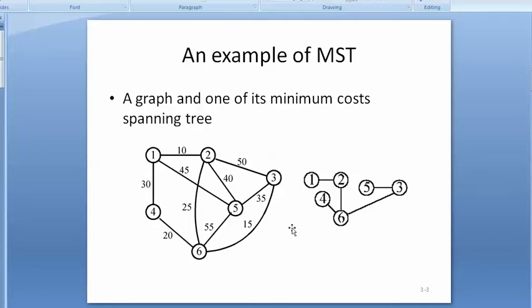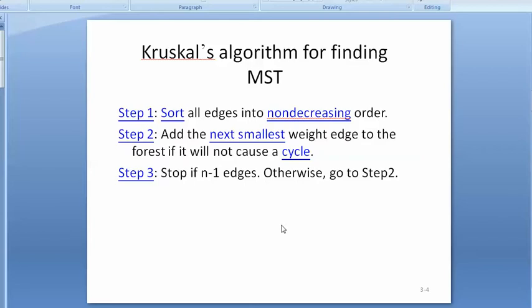Making sense? Now we are going to understand what Kruskal's algorithm is and how it actually works. Kruskal's algorithm is one of the greedy algorithms, which we discussed quite a couple of classes back. This algorithm suggests to first sort all the edges into non-decreasing order of the weights.